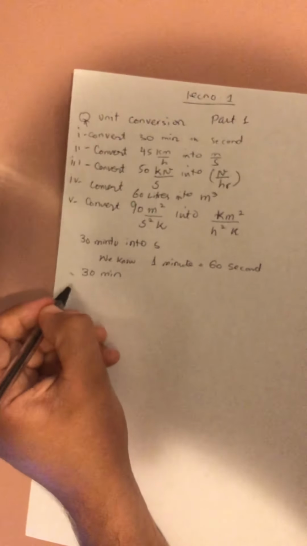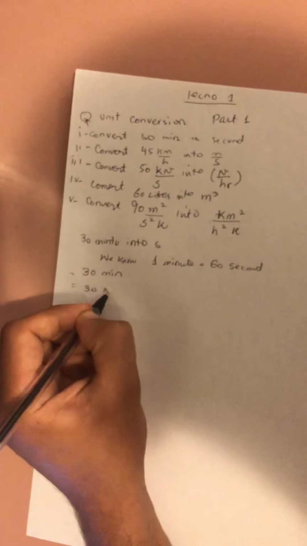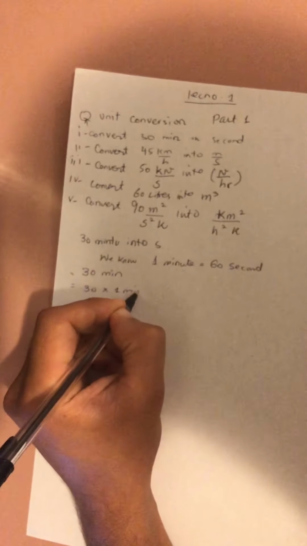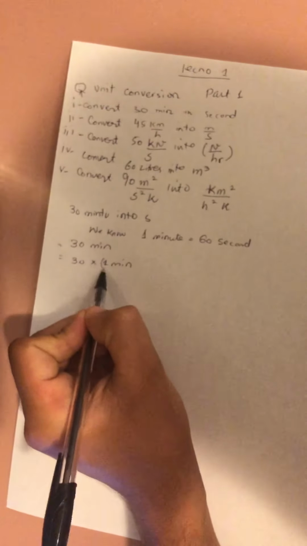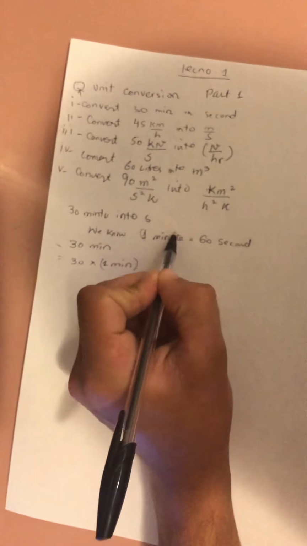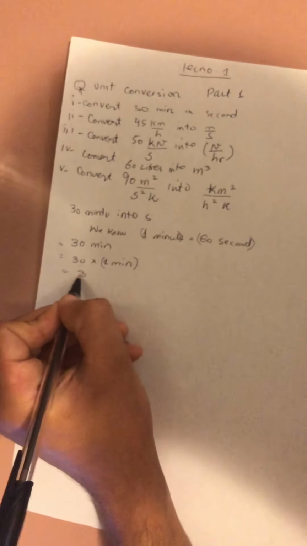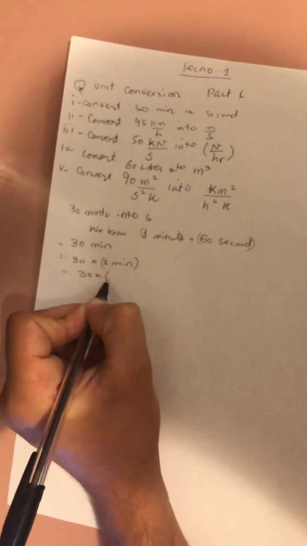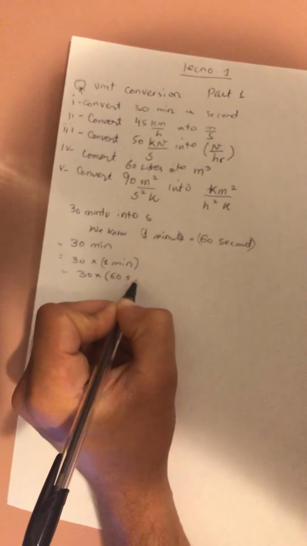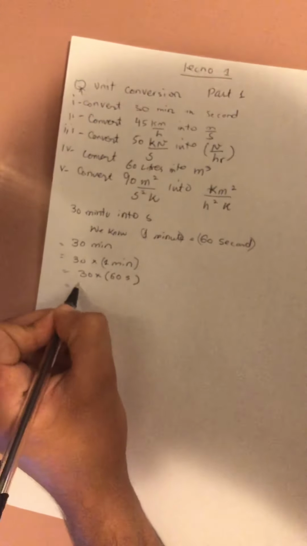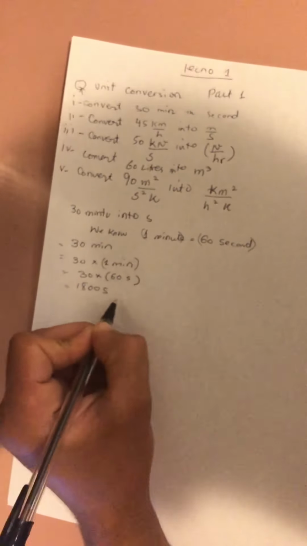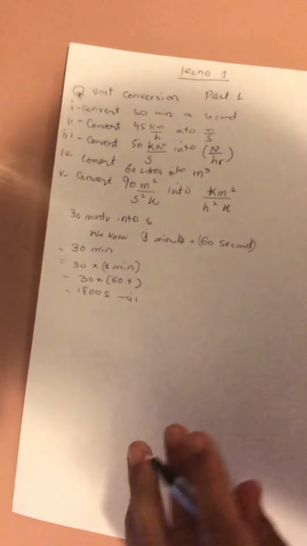You can write 30 multiplied by 1 minute, and you can substitute 1 minute by 60 seconds, just like an equation. 30 times 60 seconds, you multiply it, you get 1800 seconds. This is the first question.